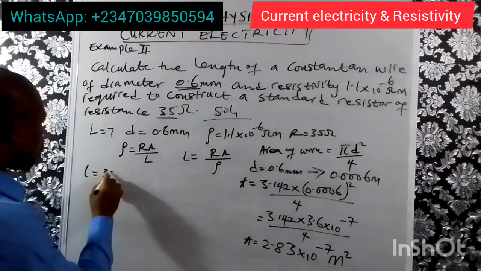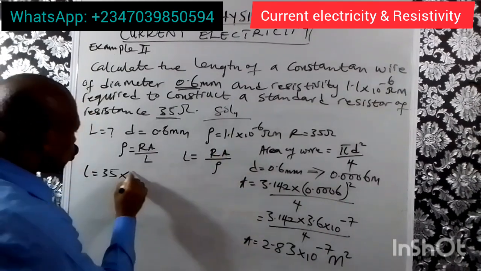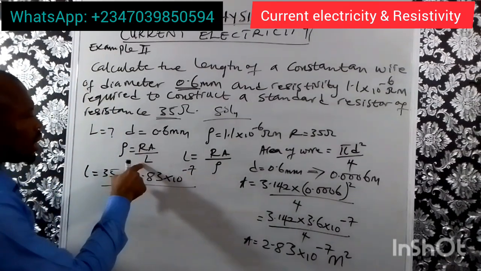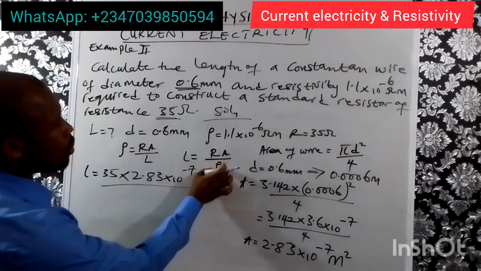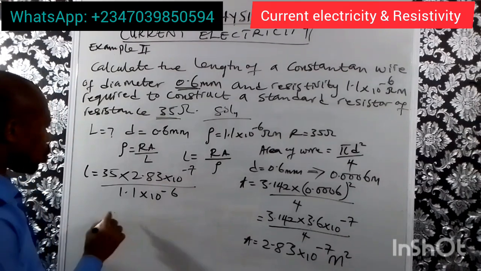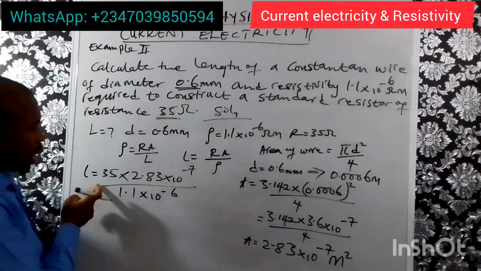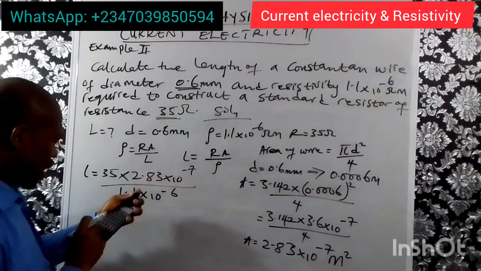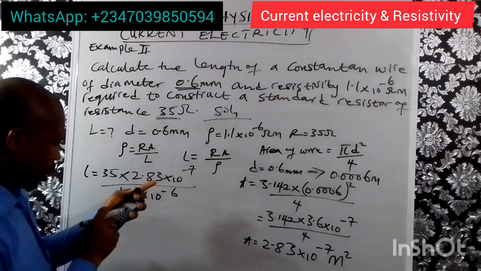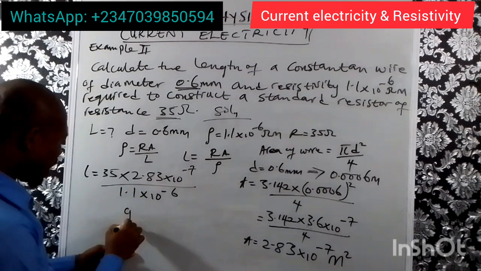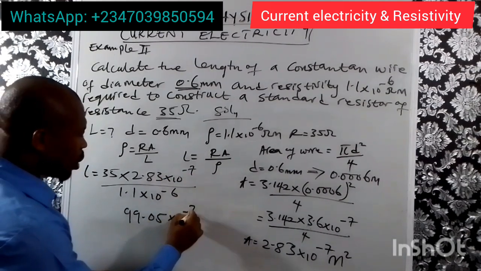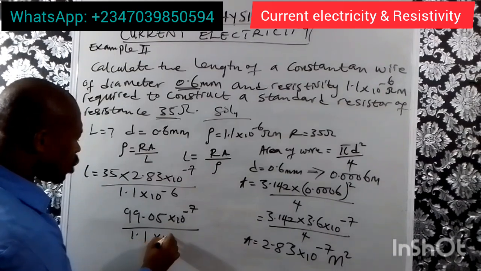R is 35, the area is 2.83 times 10 raised to the power minus 7, and the resistivity is 1.1 times 10 raised to the power minus 6. 35 times 2.83 gives us 99.05, times 10 raised to the power minus 7, all over 1.1 times 10 raised to the power minus 6.